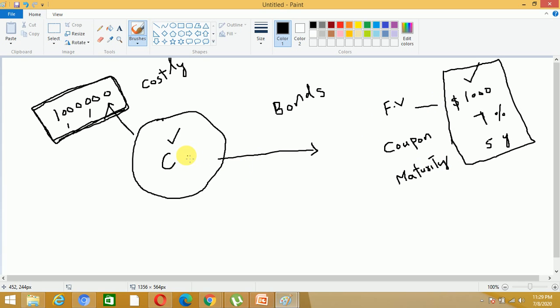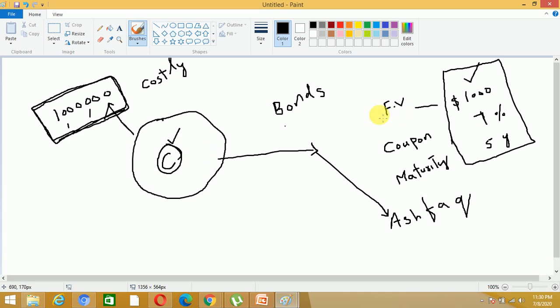In this agreement, I told you there is an agreement between this company and me, suppose I am purchasing this bond. So there is an agreement between the company and me.